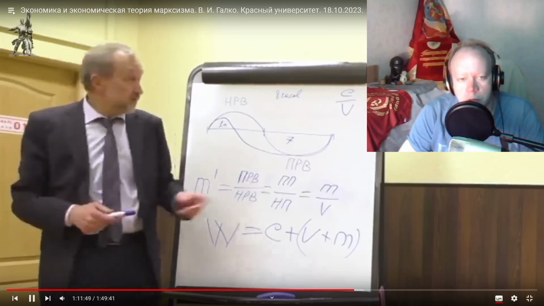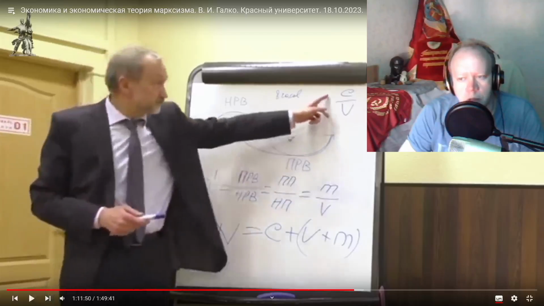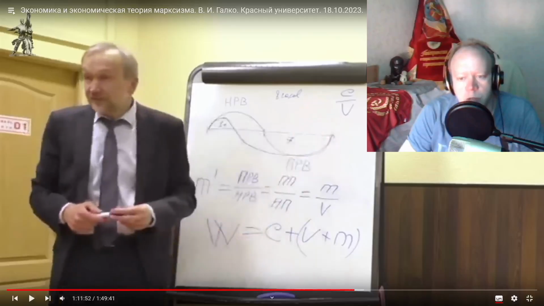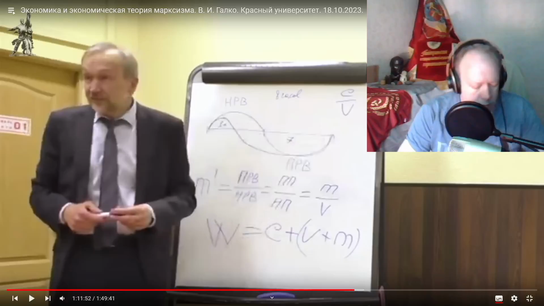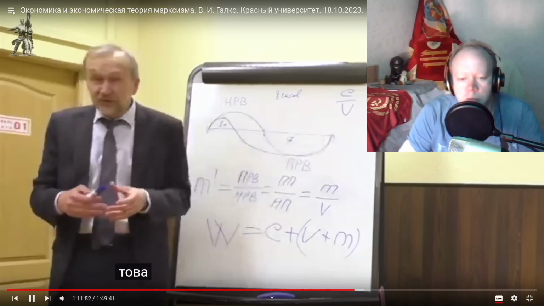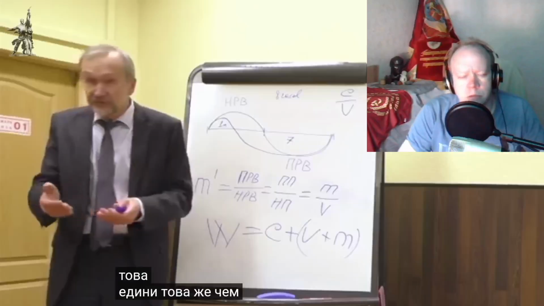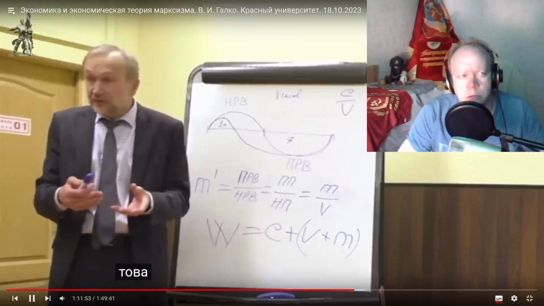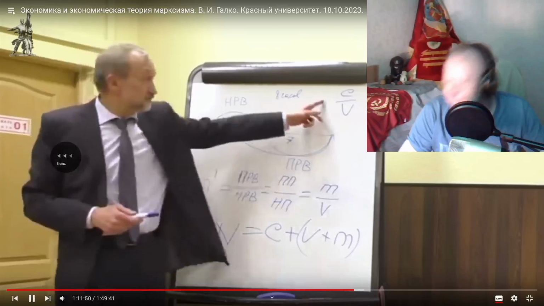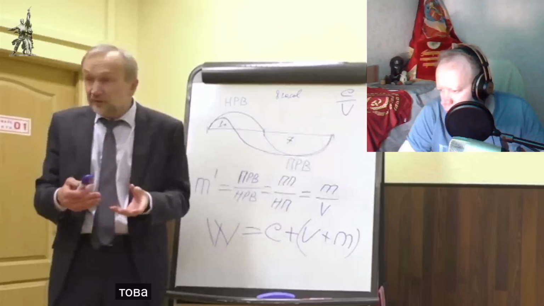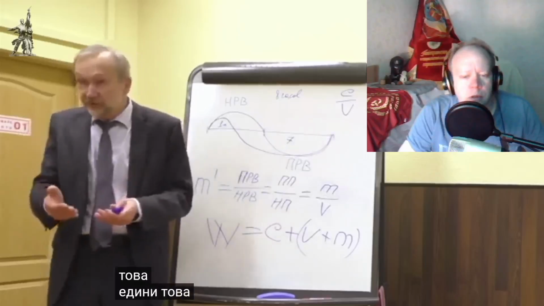Поэтому капиталисты, которые применяют new tools, better tools, они получают временную выгоду. То есть стоимость единицы товара ниже, чем у других.